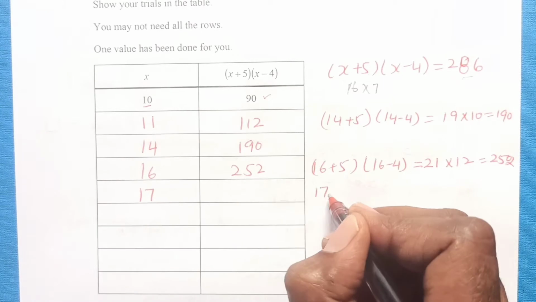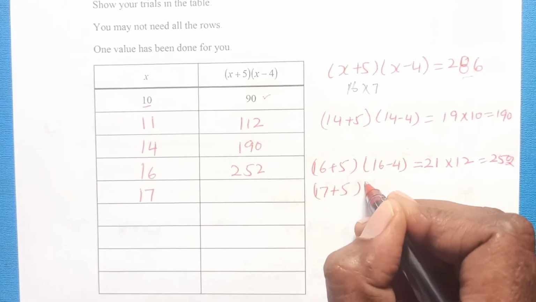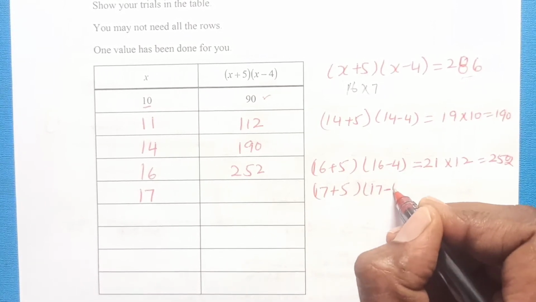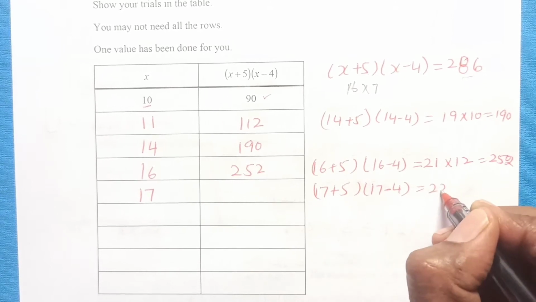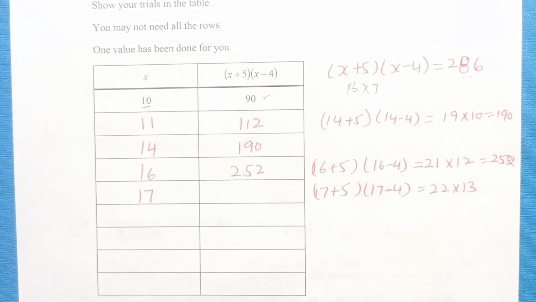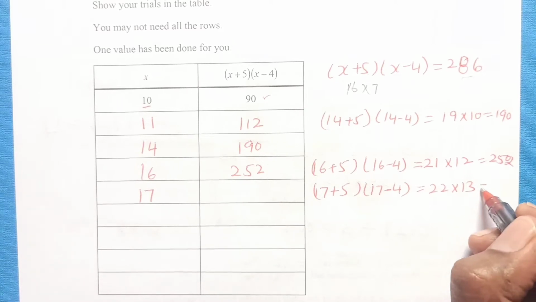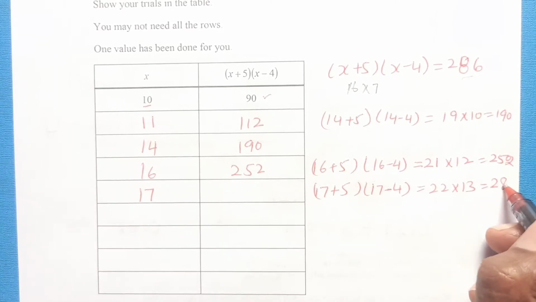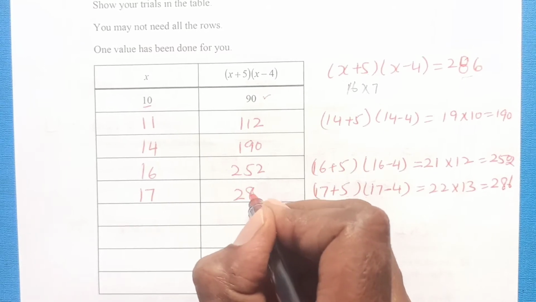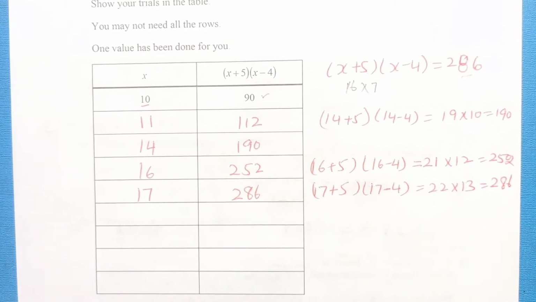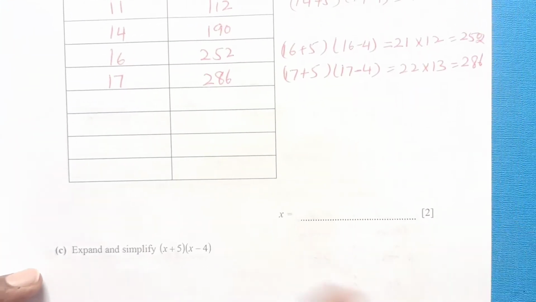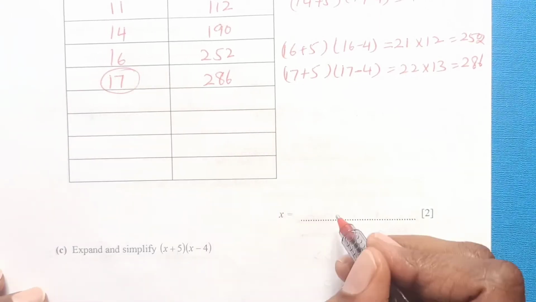If you take 17 plus 5, then 17 minus 4, this is 22 times 13. 22 times 13, we are getting exactly 286. So we need not move further. So our answer is 17.